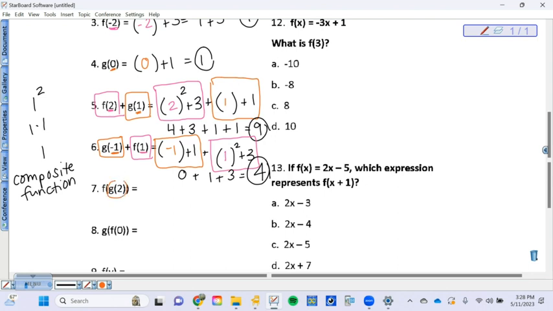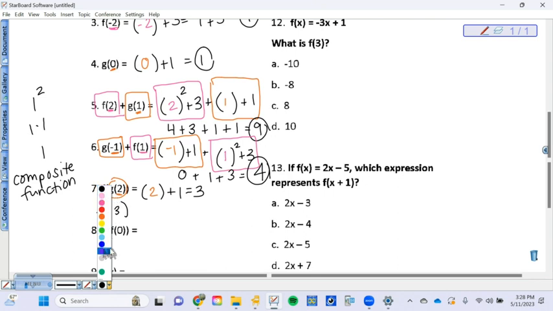g of 2 means I take 2 and plug it into my g function. My g function is just x plus 1. So if x is 2, it's just 2 plus 1. So what's g of 2 equal? 3. And then I take that 3, and now I need to find f of 3.